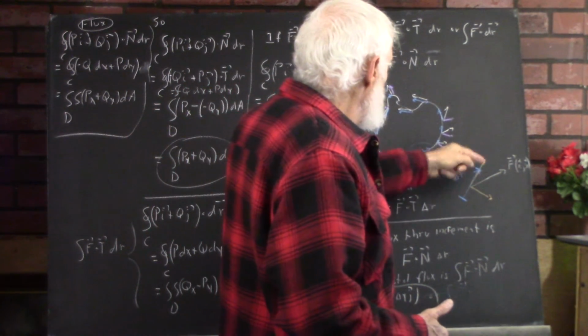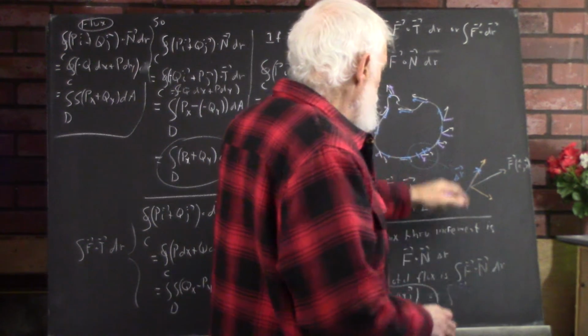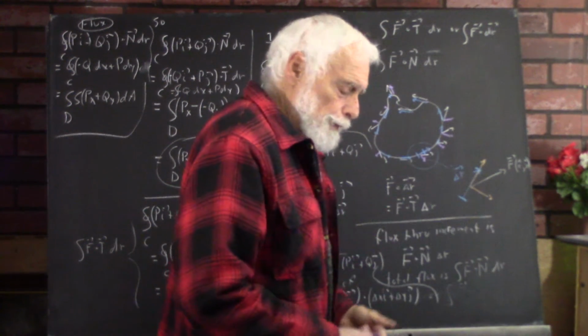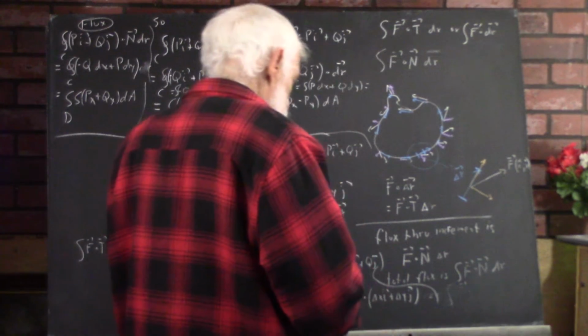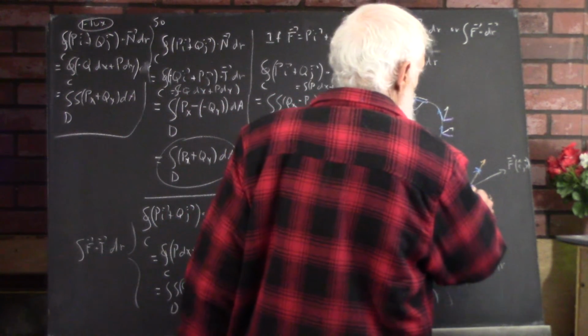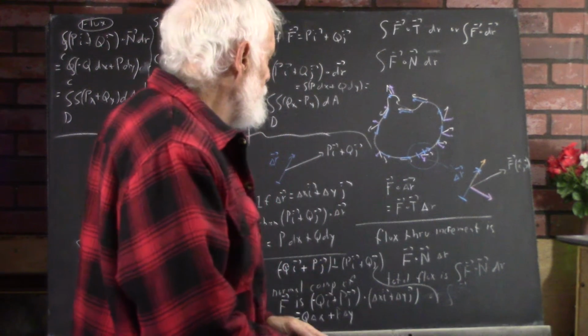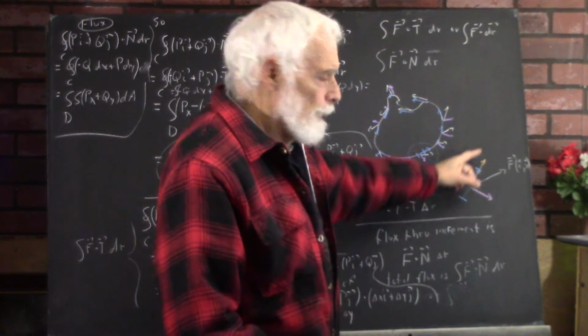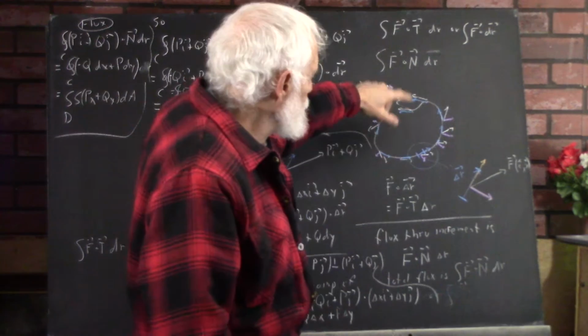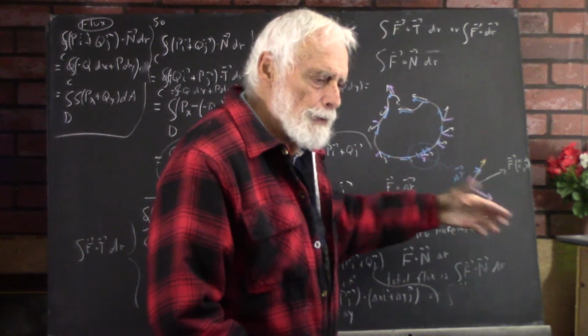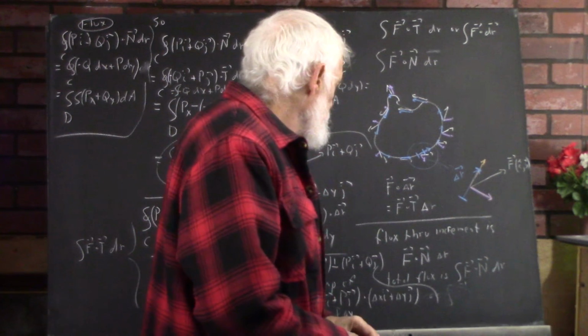And here is the component of that force parallel to the field. And here's the component perpendicular to the field. Component parallel adds to your circulation. The component perpendicular adds to the flux.